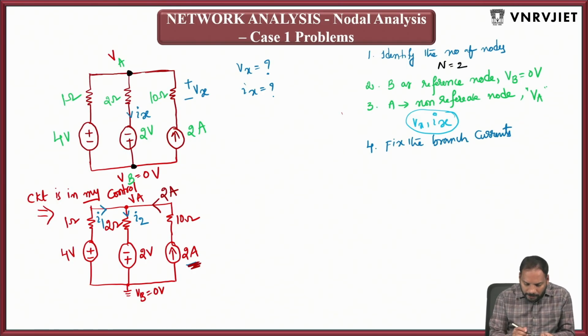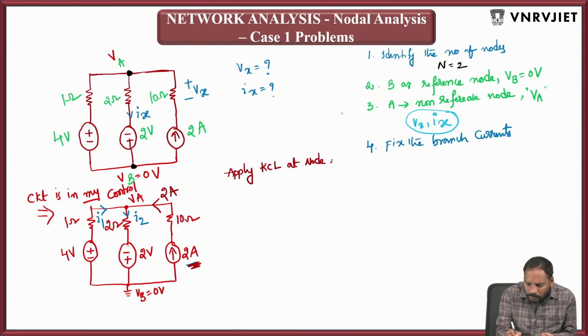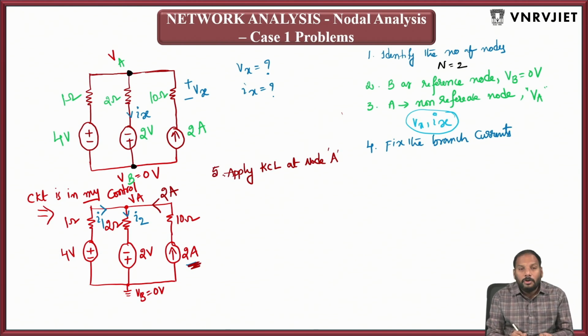So now going ahead. The next important thing is you need to apply KCL at node A. So this is the fifth point in the nodal analysis. Once you fix the branch currents, then you need to apply the KCL. And one more thing I am saying, at whatever step you are in the problem, once you fix the branch current direction, until the solution is arrived, you should not touch the direction of the branch currents.